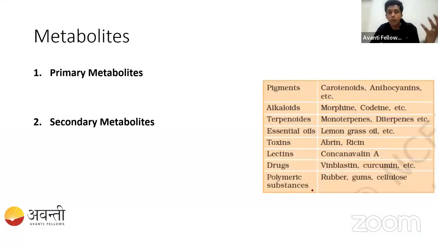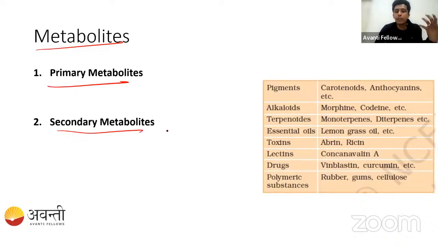As I was talking about metabolites, which are the result of metabolism, first we have primary metabolites. We have already discussed primary metabolites, that is your proteins, lipids, polysaccharides, etc. Secondary metabolites are other results of these metabolic reactions.